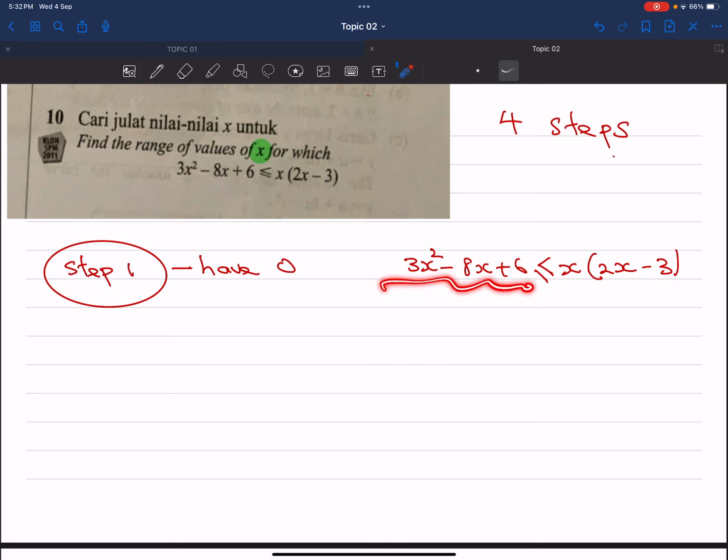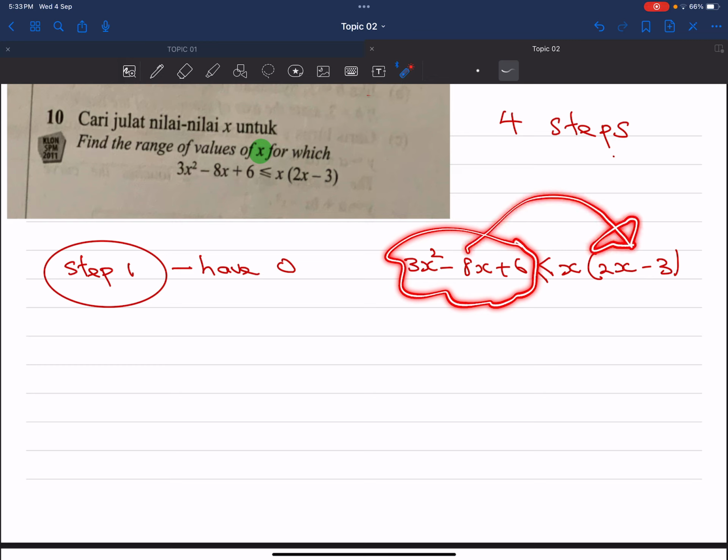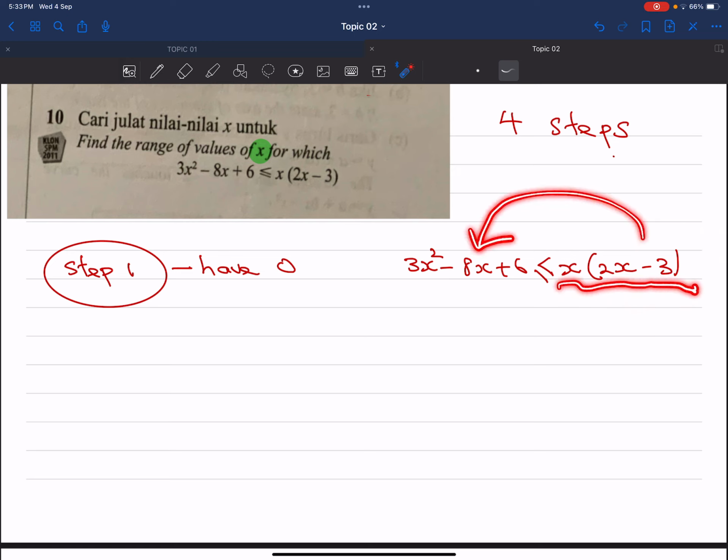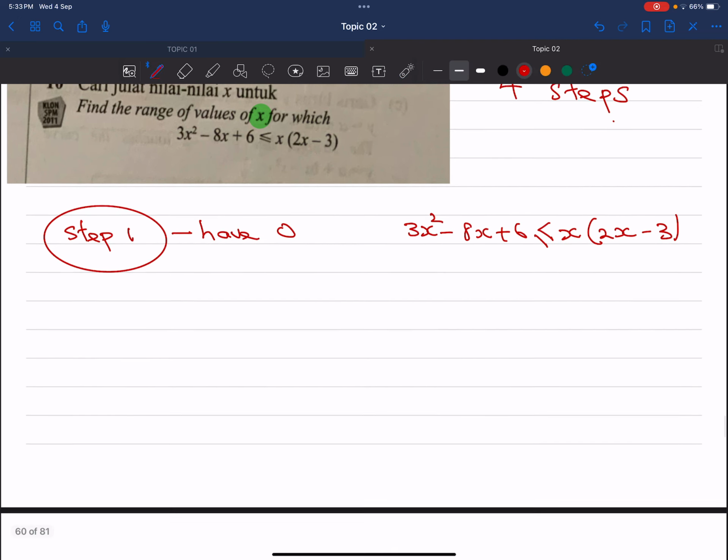Left hand side, no 0. Right hand side, no 0. Which means I must take the left hand side, transfer to the right hand side, make it 0, or take the right hand side and transfer to the left hand side, make it 0. And since the right hand side has a bracket, I'm going to expand and transfer to the left hand side. See how we do this?